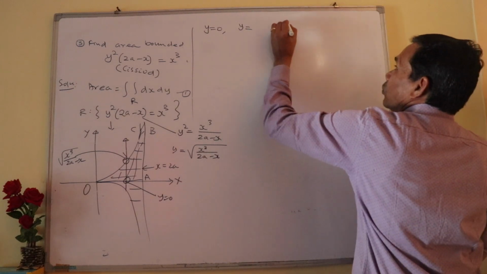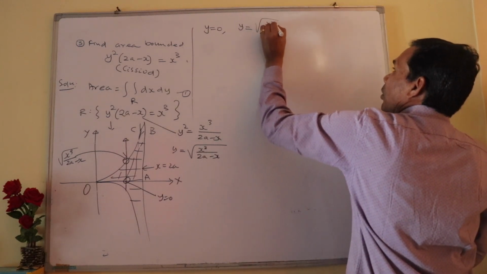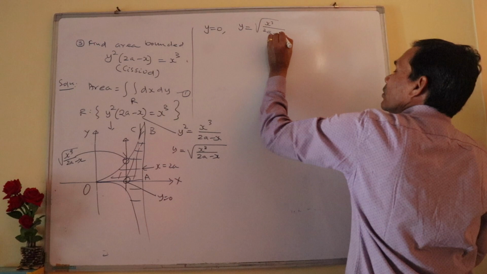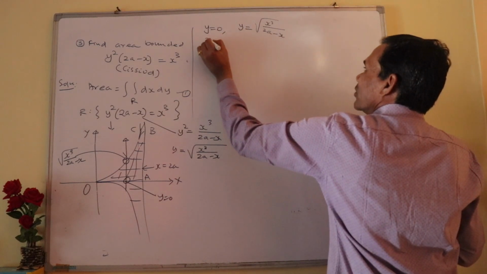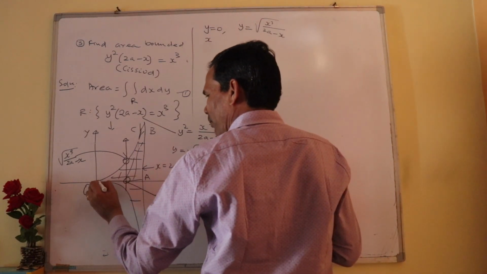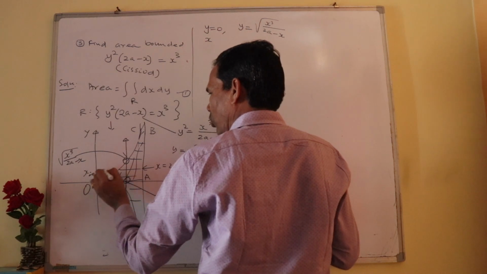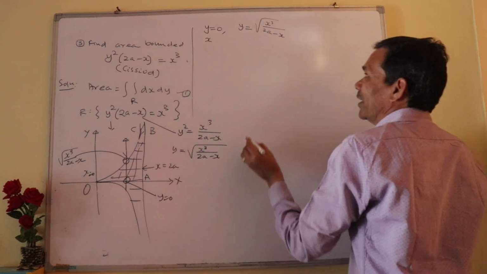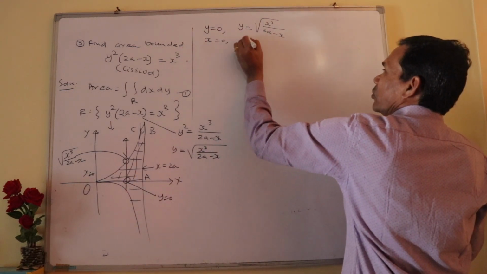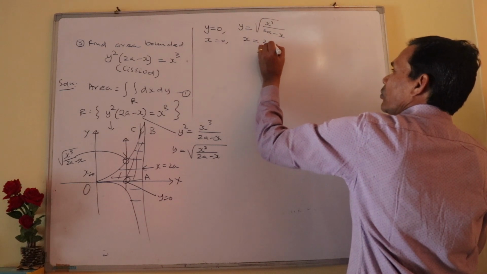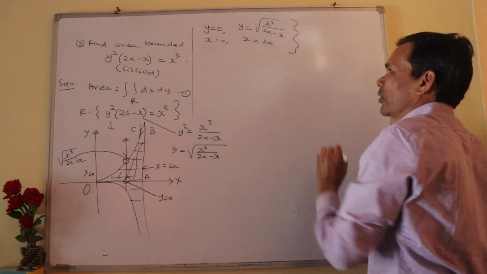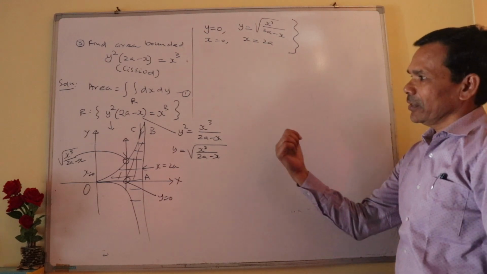So the limits for y are y is equal to 0, the lower end of the strip, and the upper end is the boundary of this, it is root of x cube upon 2a minus x. And limits for x, you have to move the strip from x is equal to 0 to x is equal to 2 times a. So these are the limits if you consider the vertical strip.